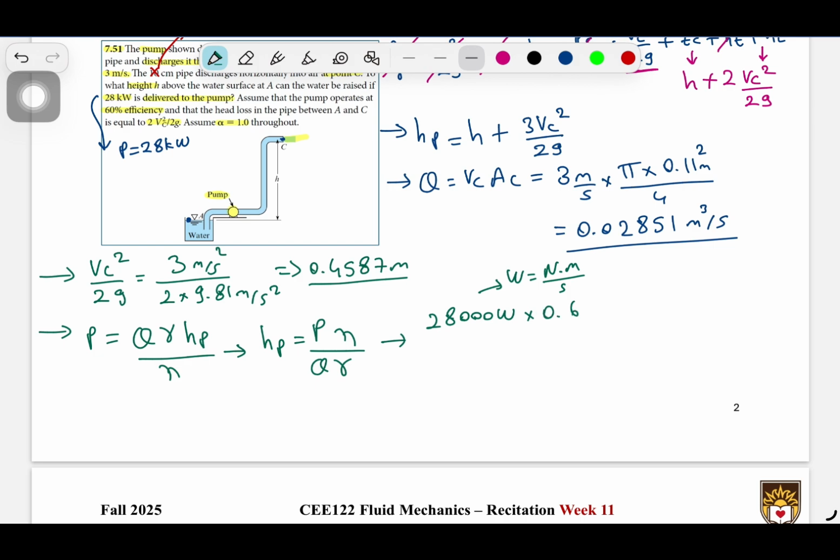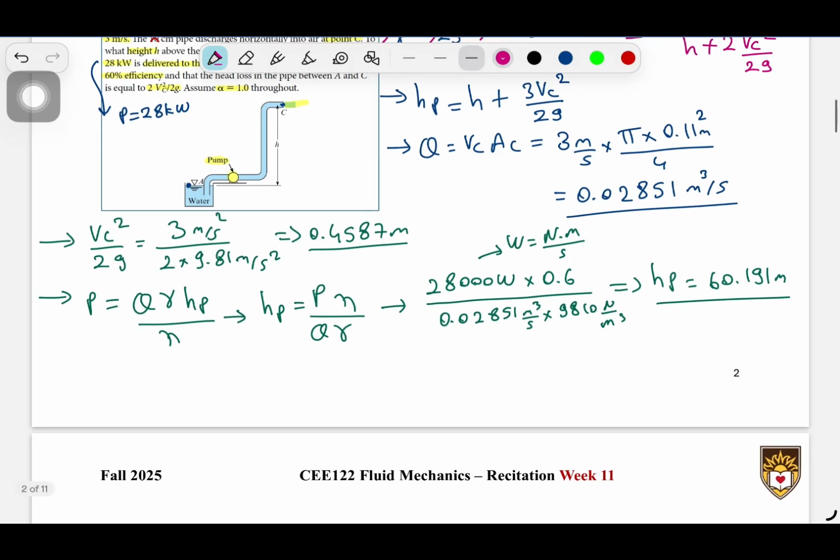We have 0.6, which is for the efficiency. And we have the flow rate, and the specific weight. So this gives HP as 60.191 meters.